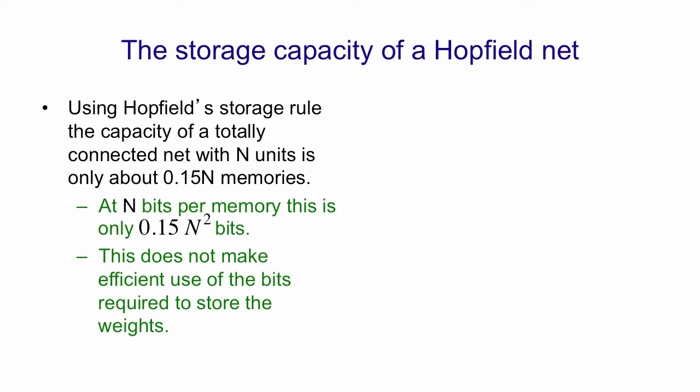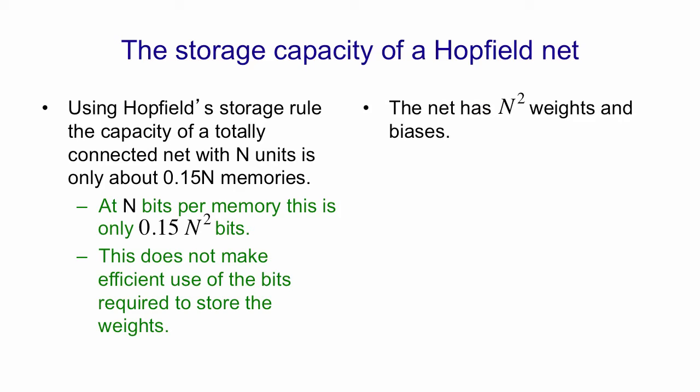In other words, if you look at how many bits the computer is using to store the weights, it's using well over 0.15 n squared bits to store the weights. And therefore, this kind of distributed memory in local energy minima is not making efficient use of the bits in the computer. We can analyze how many bits we should be able to store if we were making efficient use of the bits in the computer.